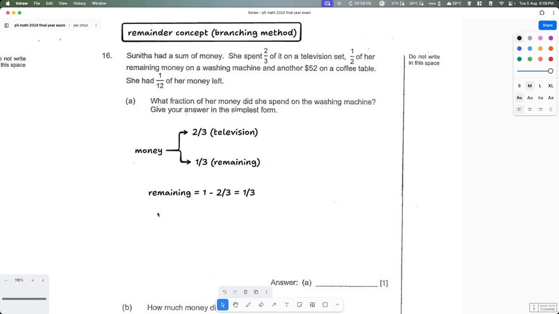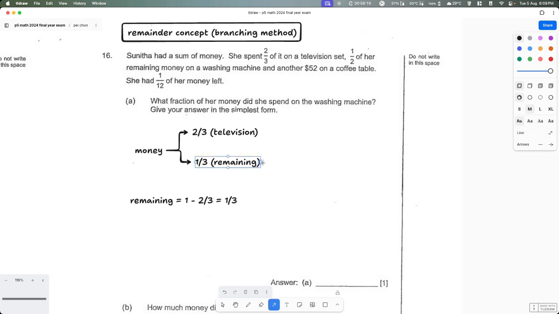Once we know the remaining, the next part is half of her remaining money on a washing machine, and another one on $52. I'm just going to concentrate on the washing machine because the question asks what fraction of money she spent on the washing machine.